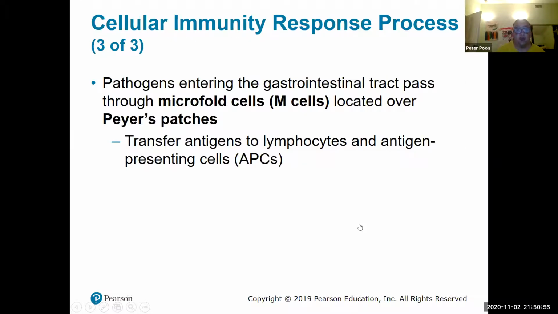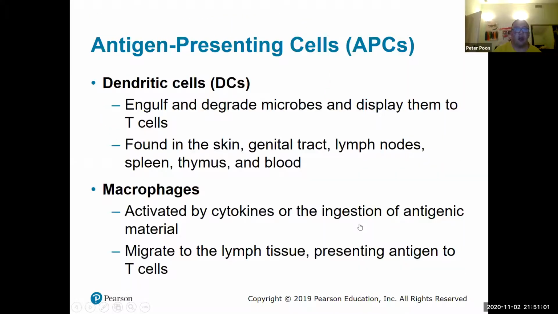Don't worry about M cells or Peyer's patches. Antigen presenting cells have MHC2. MHC2 is a way to present antigen.